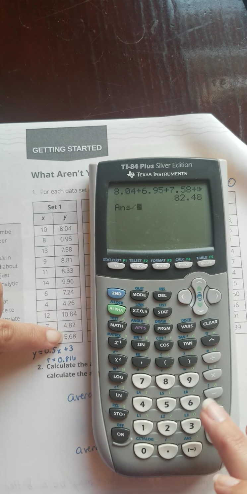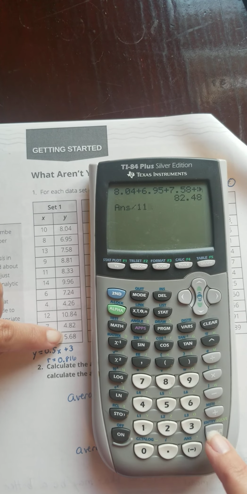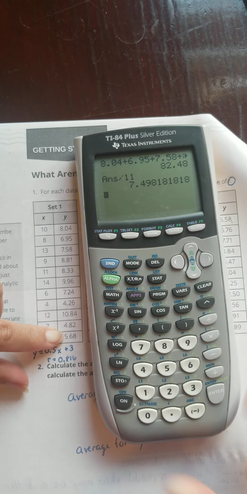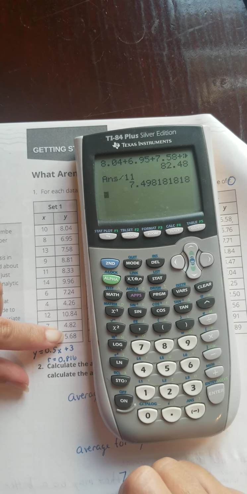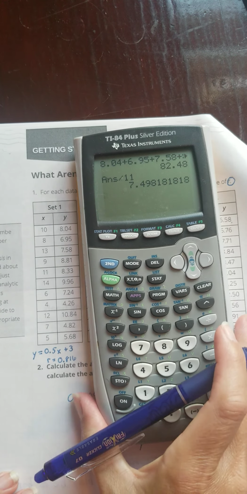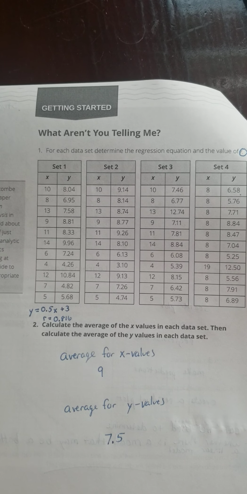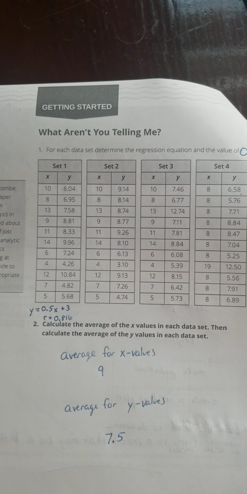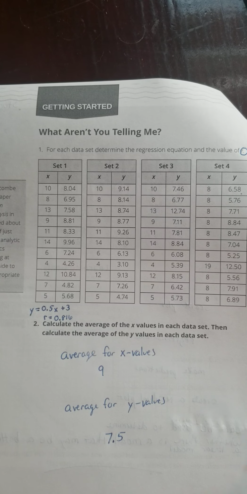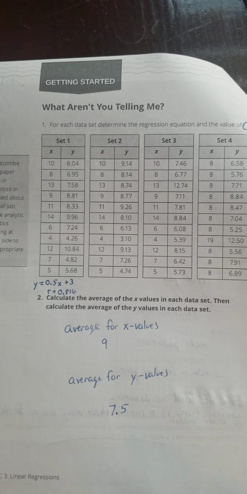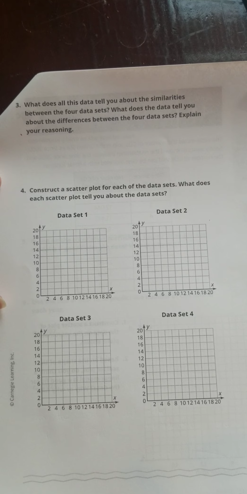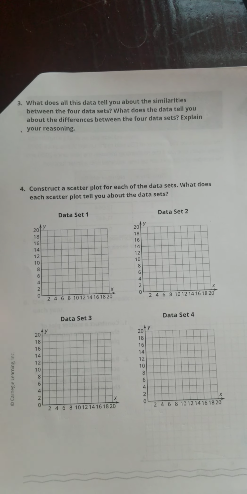And that's also 11 pieces of data. So that gives me about 7.5. Okay, so the average for your x values in set 1 is 9, and the average for your y values is 7.5. So let's take a look and see what all that means.